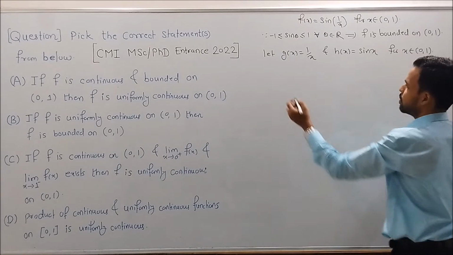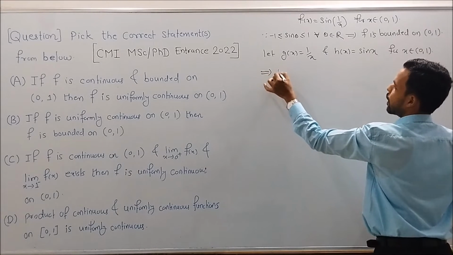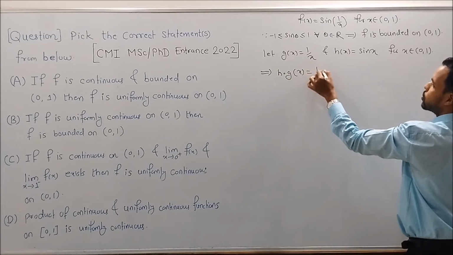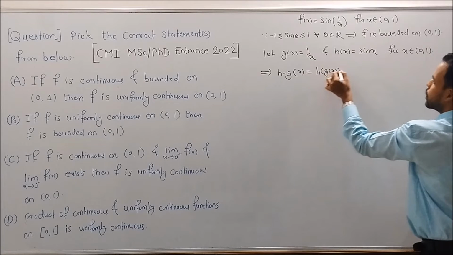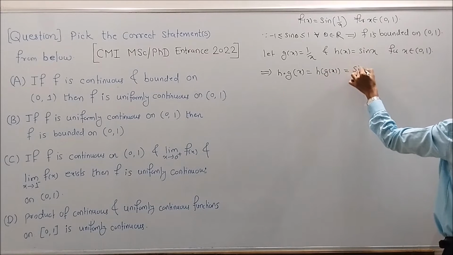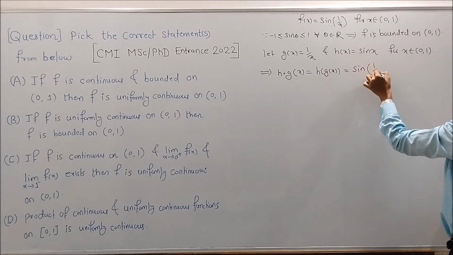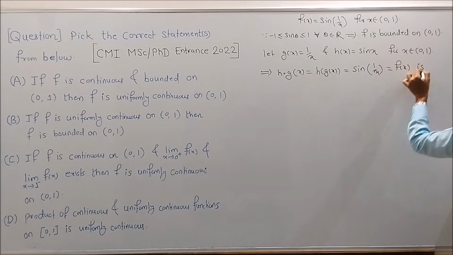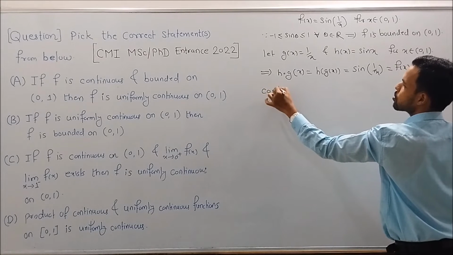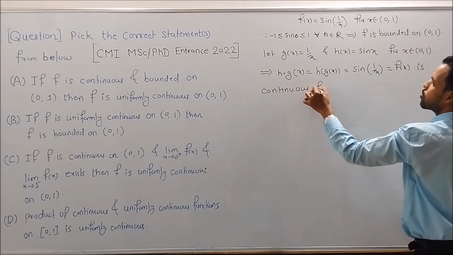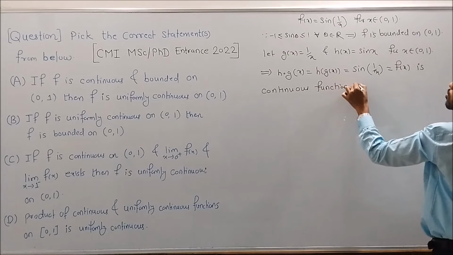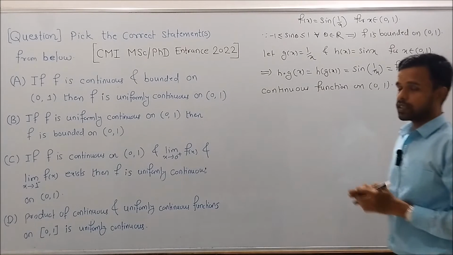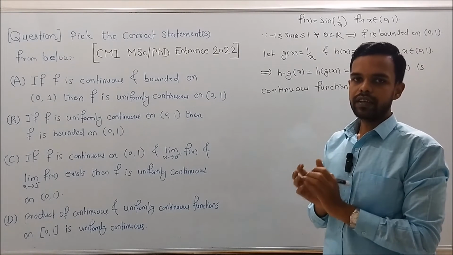So from here, this implies h∘g, the composition of h and g, which is defined as h(g(x)), which is the function sin(1/x). This is nothing but our f(x), and it is a continuous function on the open interval (0, 1), since the composition of continuous functions is again continuous.